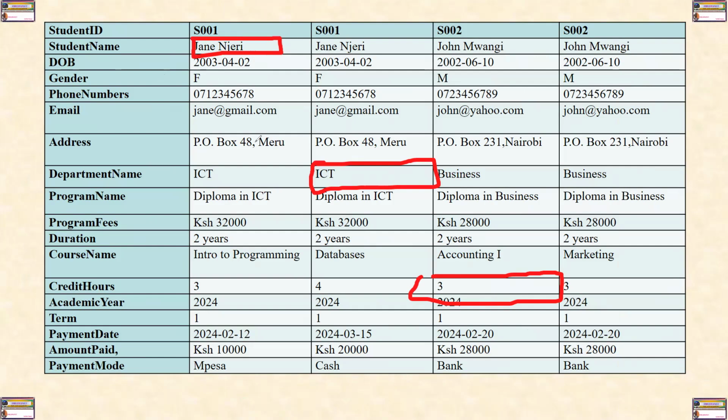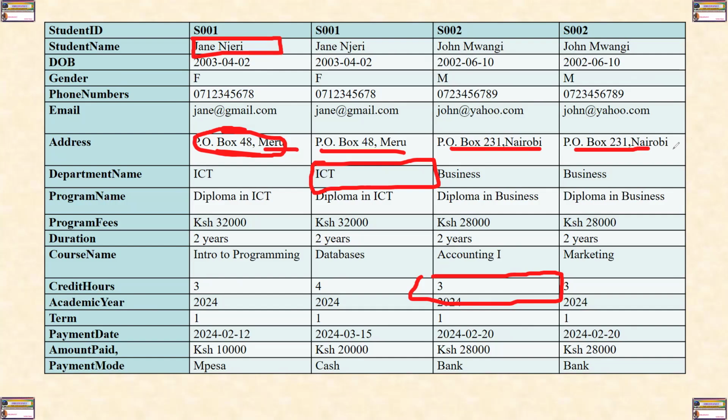Of course, when you look at the address, you may think that these are different types of data. No, you cannot remove the place from the box. So address is complete when it is this way. That's why we are not splitting address. It is called an address because of what it contains.